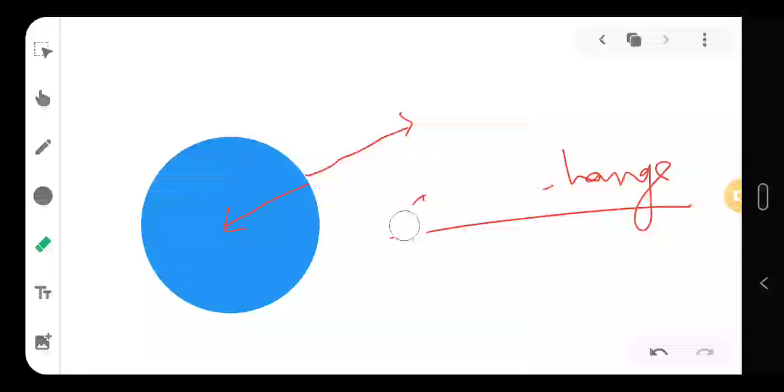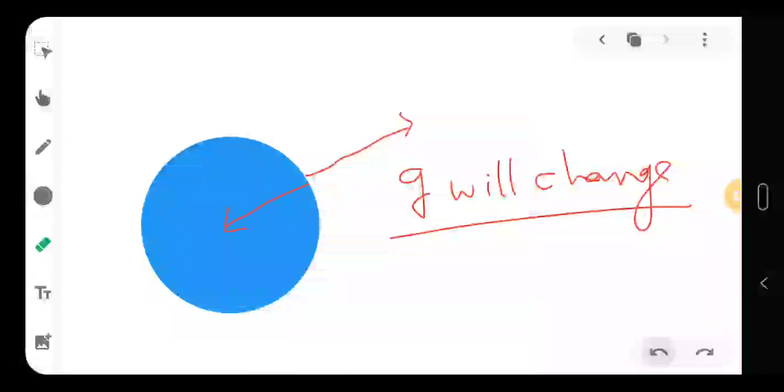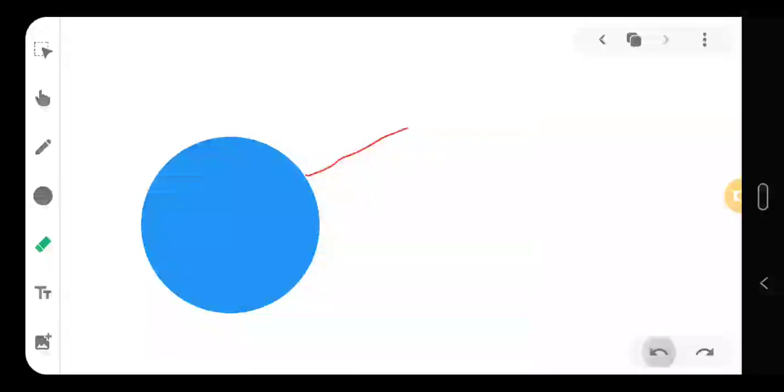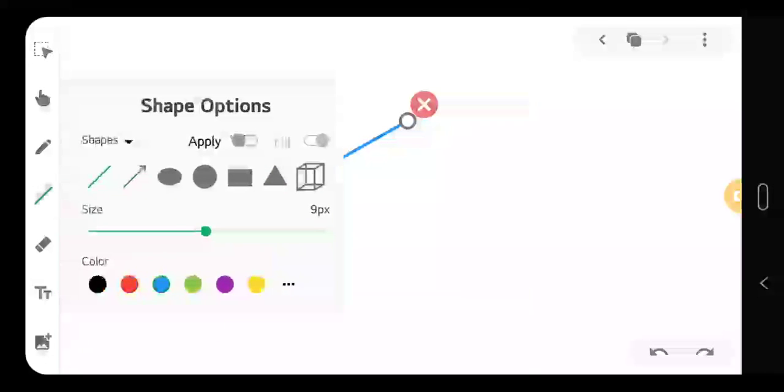So let us find that if we go a little bit higher, if we go at some height, then what will happen? Okay, let me change the color.